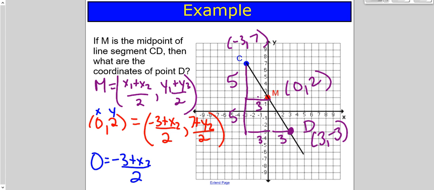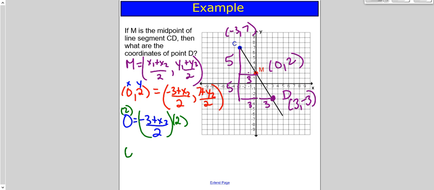Remember how to solve equations: I'm going to multiply both sides by 2. Well, 0 times 2 is still 0. And then if I add 3 to each side, I get 3 is equal to x2, which is great because that's exactly what we found on our graph.